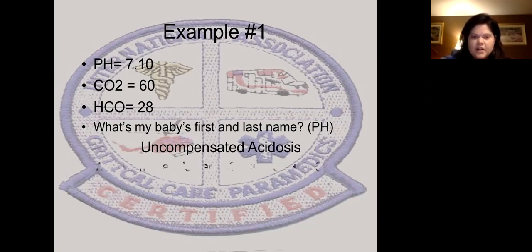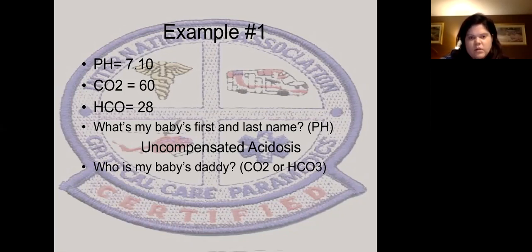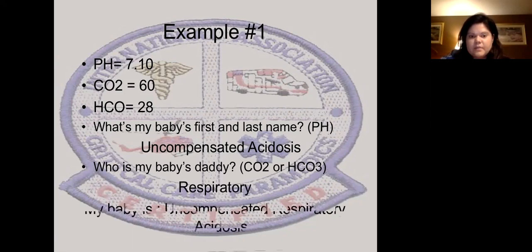That's on the acidic side. All right. So is there an issue with our CO2 or our HCO3? Respiratory, right? And then you just put that together. So your uncompensated respiratory acidosis.